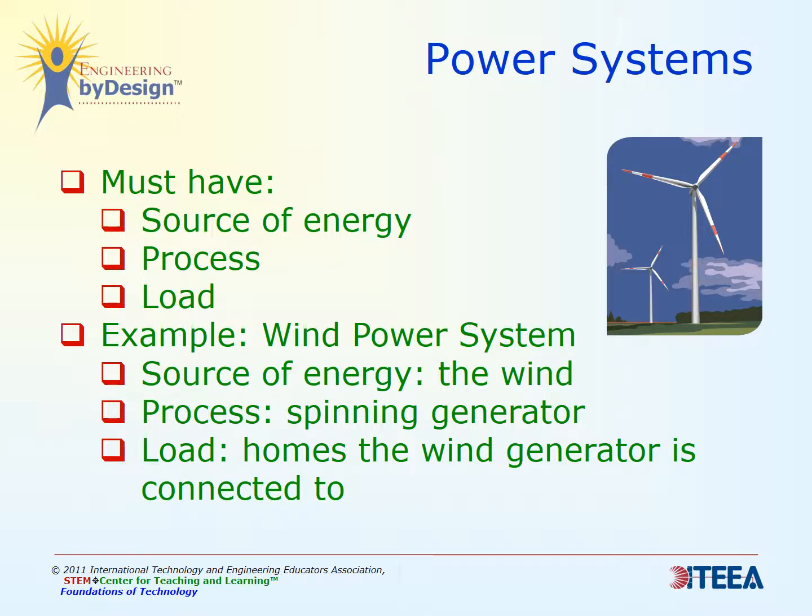So for a wind power system, the source of energy is the wind. The process is the spinning of the turbines, spinning the generator, making your electricity. Your load is the homes the wind generator is connected to.